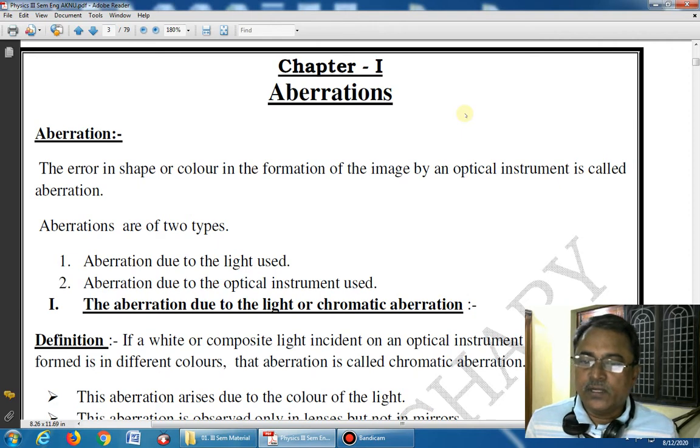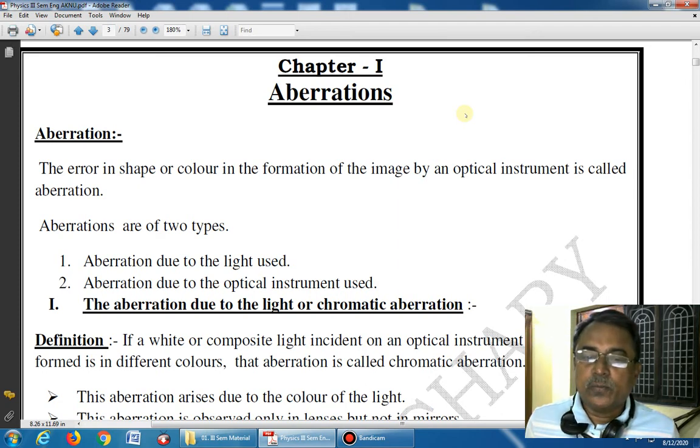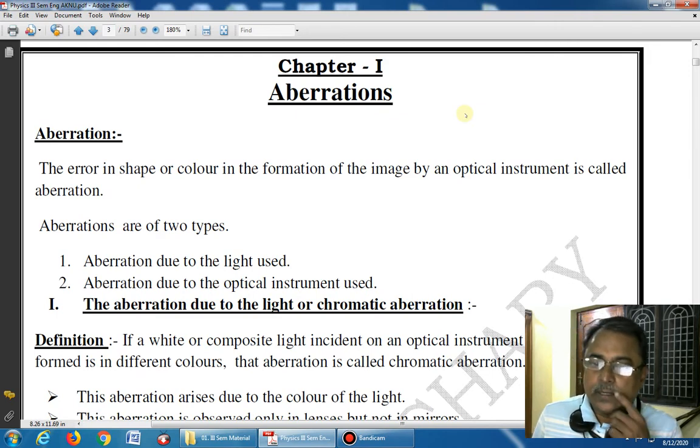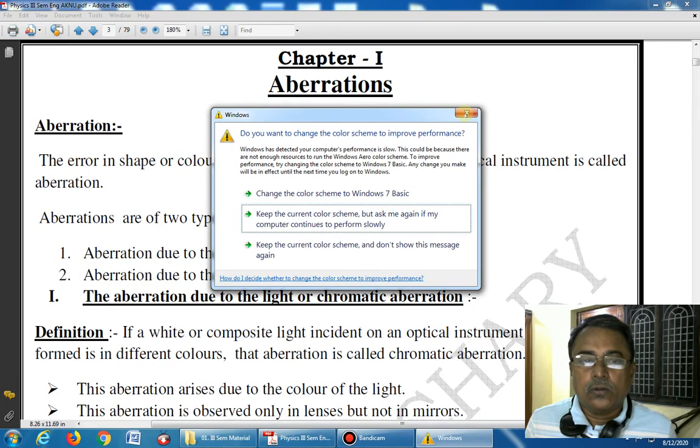The second one is that is due to the optical instrument that we use. First, we will go through the aberration due to the light, and that is also called the chromatic aberration.